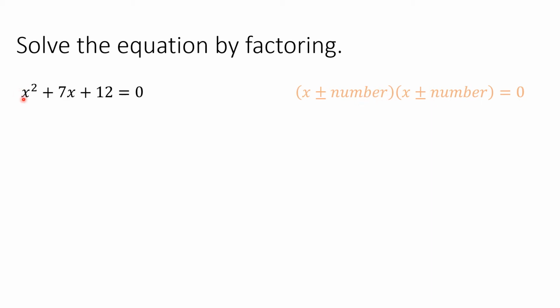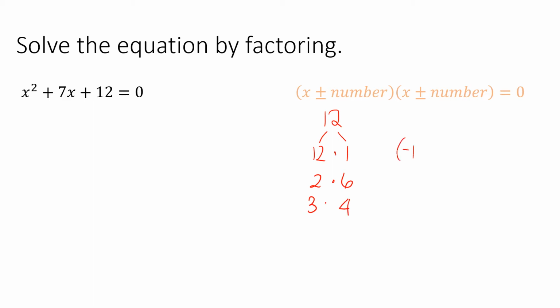Since the coefficient of x squared is 1, we can go ahead and look at 12. Let's find all the pairs of numbers such that when multiplied together, we'll get 12. 12 times 1 is 12. 2 times 6 is 12. 3 times 4 is 12.